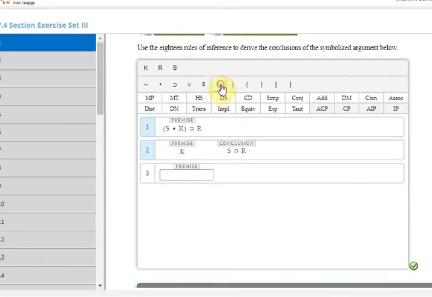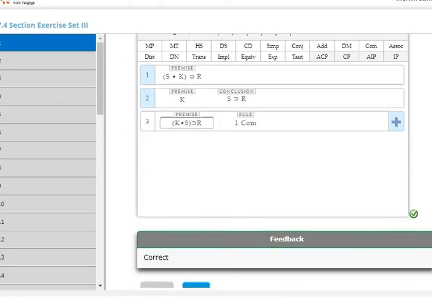Remember, the first thing we did is we switched the order of the K and the S. We have K in the first position, and then we have S. And so we have if K and S, then R. Remember, the horseshoe and the R stay the same. And so what we did there is commutativity on line 1, right? So that's fine. It's telling us here that that is a correct move.